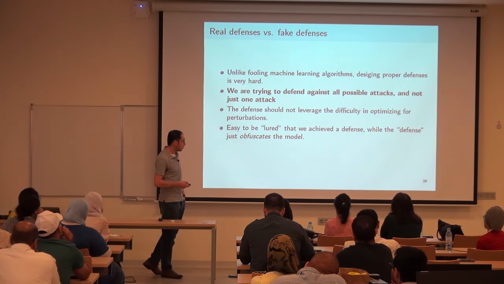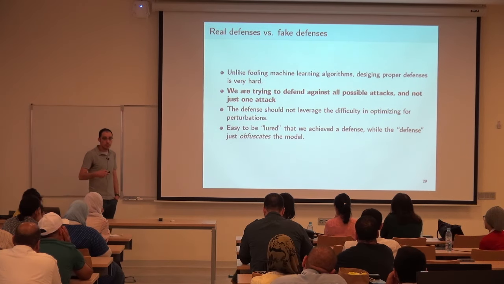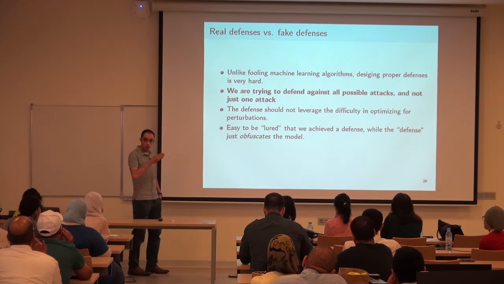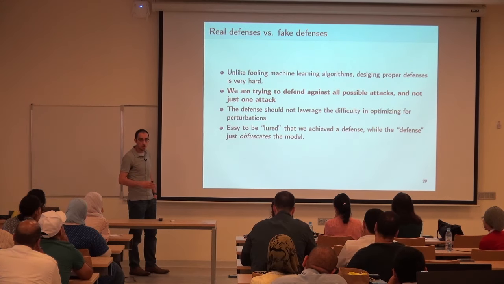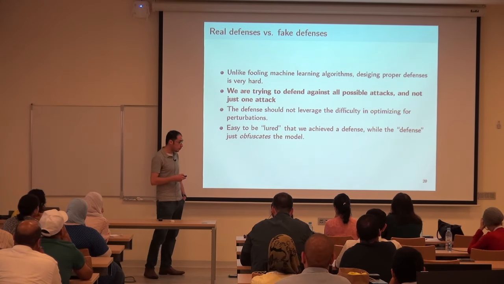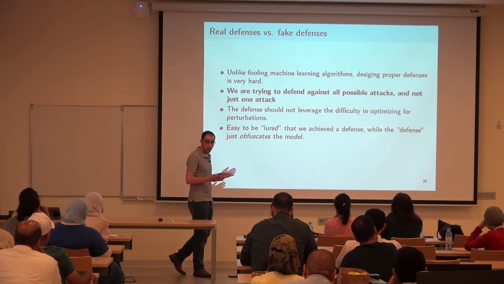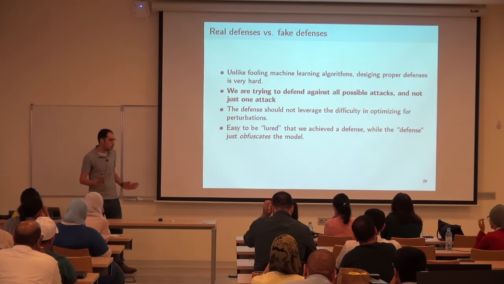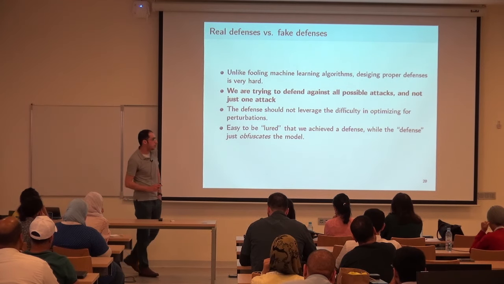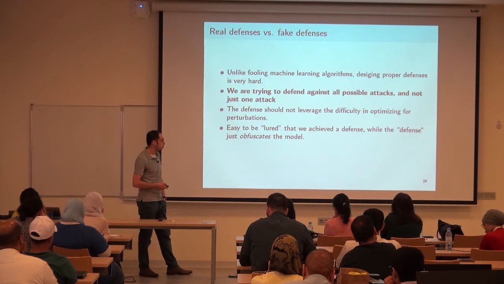Okay? The reason why it took so long is that people have proposed so many defenses, but these defenses are very specific to one attack, for example. But if you change the attack, you can still fool the model. So you're not designing proper defenses, but defenses against a specific attack. And this is really not something that is very interesting at all. We really need to assume that the attacker is going to be very smart with his attack.